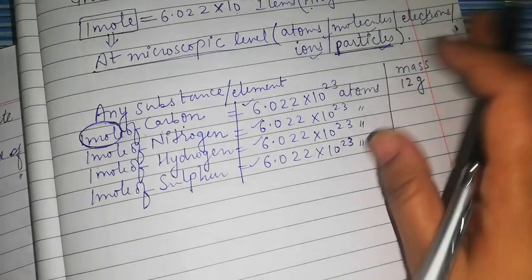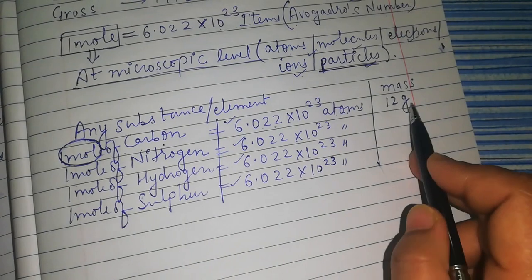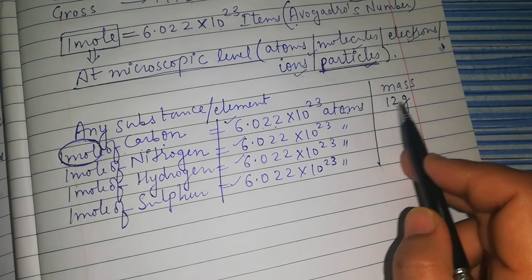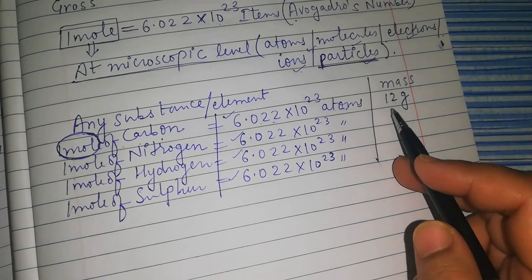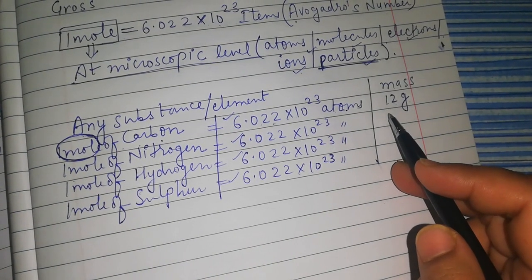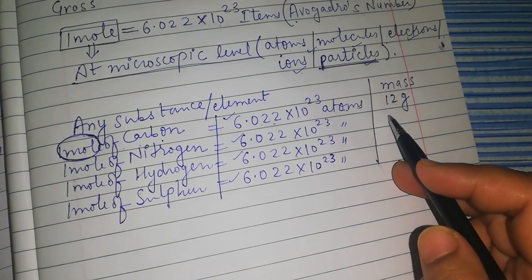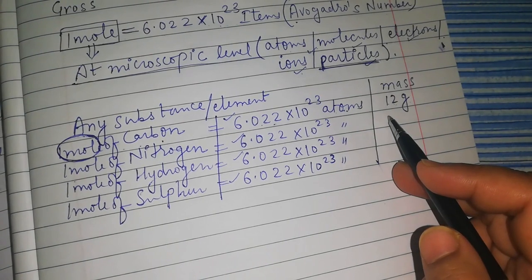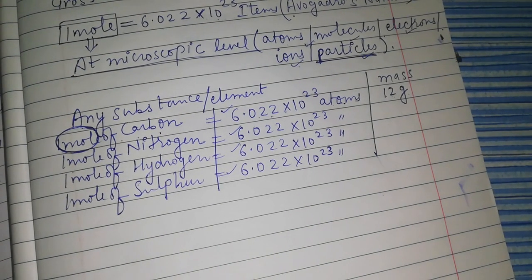1 mole of carbon means अगर हम कार्बन के इतने एटम्स लेते हैं तो उनका मास कितना आएगा, 12 ग्राम. और ये हम एक इंस्ट्रूमेंट की हेल्प से कैलकुलेट करते हैं. That instrument is mentioned in your NCERT, the notes which I have sent to you, so you will read them thoroughly. That instrument is the mass spectrometer.